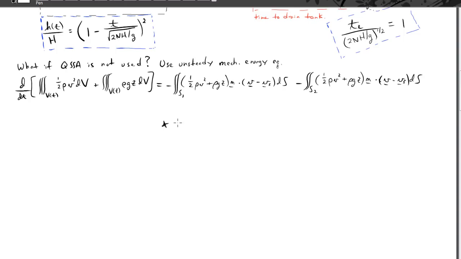So we have P1 times the average velocity V1 times S1 minus P2 times the average velocity V2 times S2. And then we have the rate at which work is done in the system minus the compressibility term minus the viscous dissipation term.